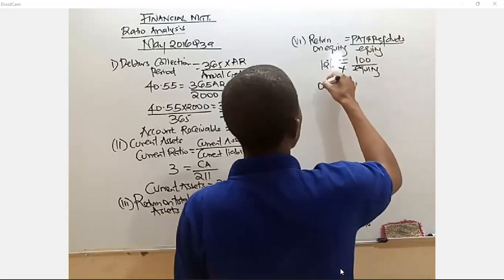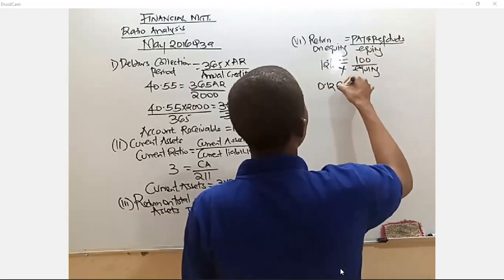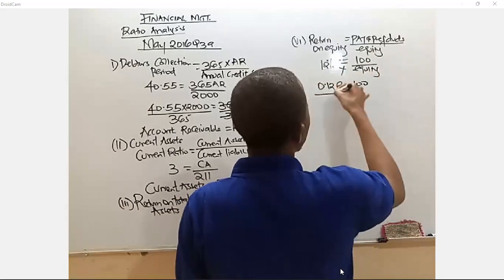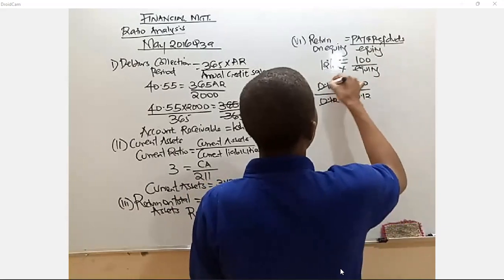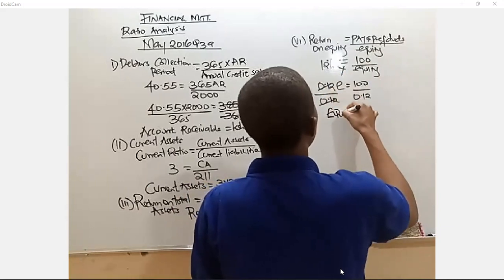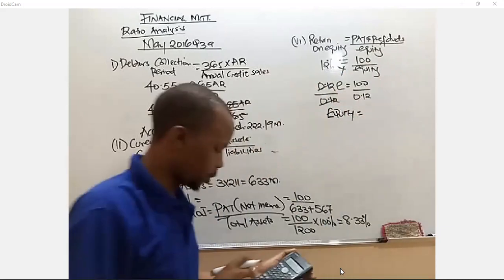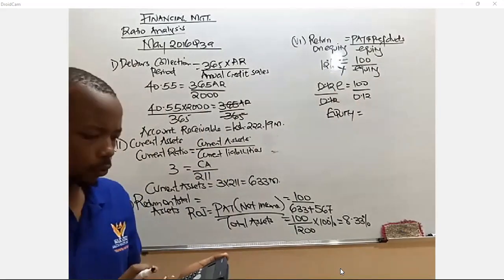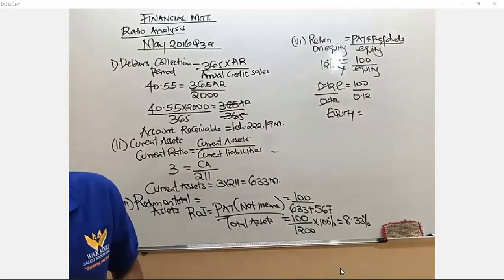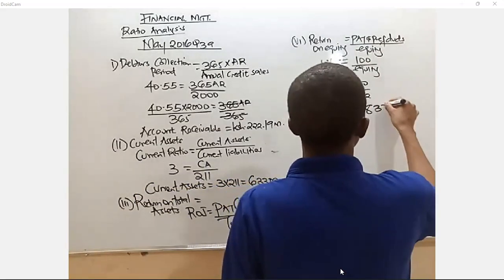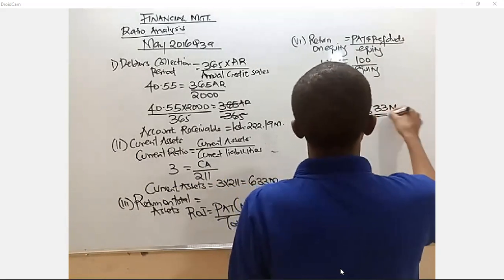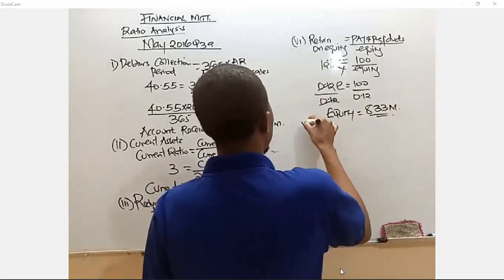Now, it means 0.12 times equity should be equal to 100, so equity is 100 divided by 0.12. How much is our equity? I should be getting around 833 million.